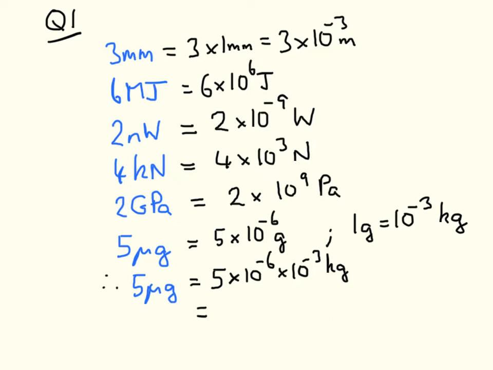And that is 5 times 10 to the minus 9, because we just add the powers here. Minus 6 plus minus 3 is minus 9. So it is 5 times 10 to the minus 9 kilograms.